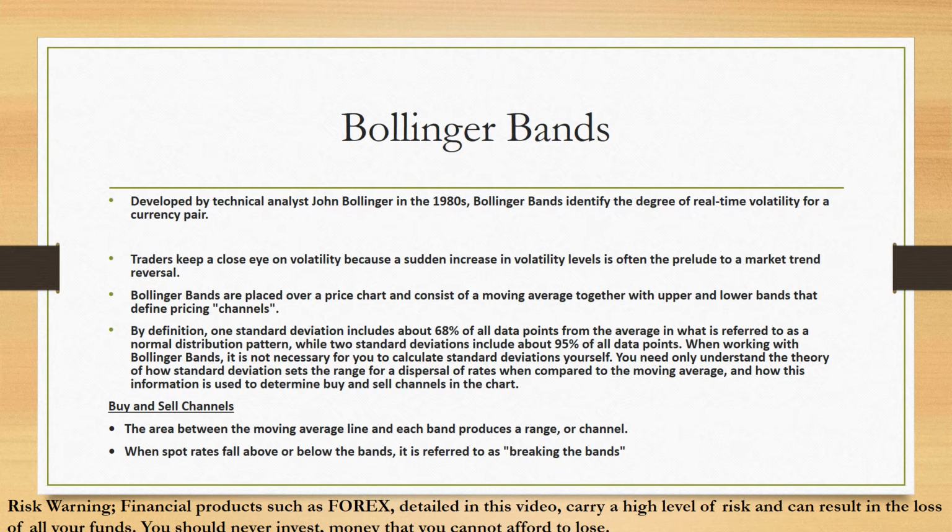The channel between the upper band and the average line is what we call a buy trend, where we see the price is going higher than the average price. So it would be potentially looking at buying that currency pair.